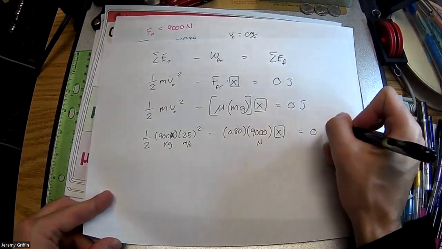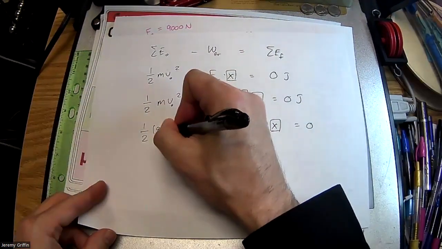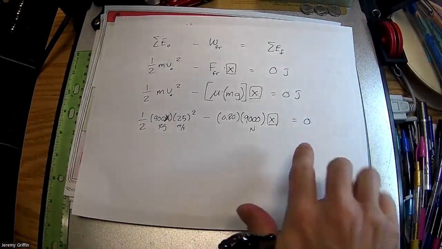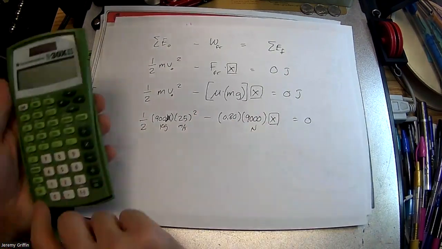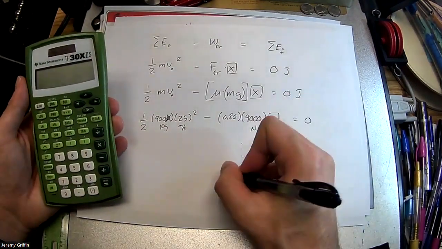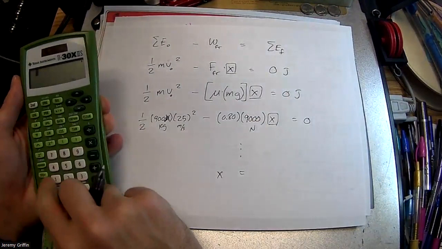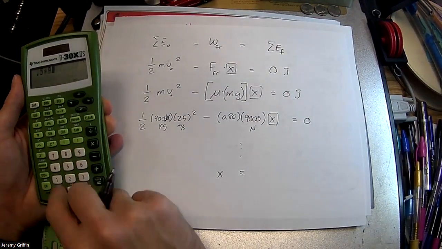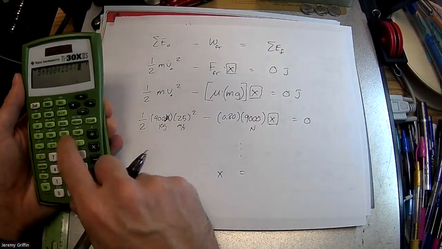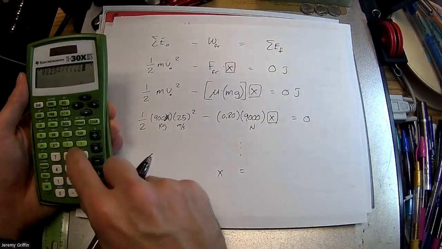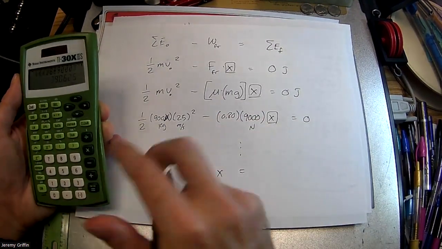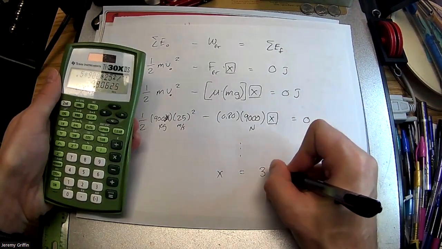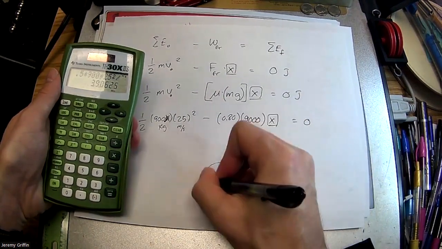There we go, that looks better. Let's see if I get the same thing. I'm going to skip some algebra steps right here. So 0.5 times 900 times 25 squared, divided by 0.8 times 9,000. I'm still getting the same number, 39 meters.